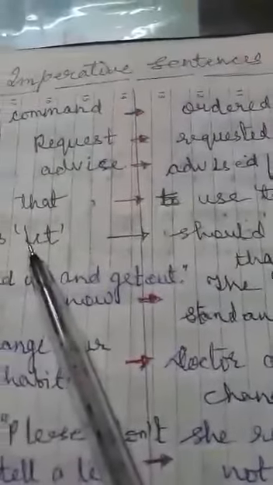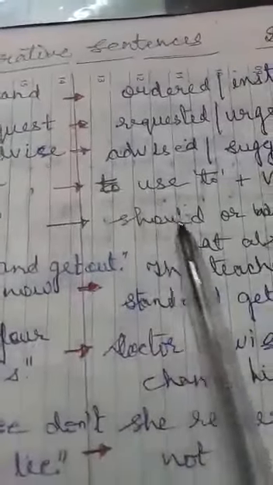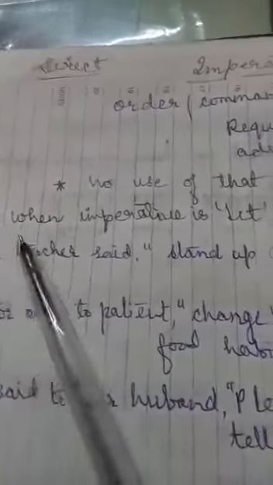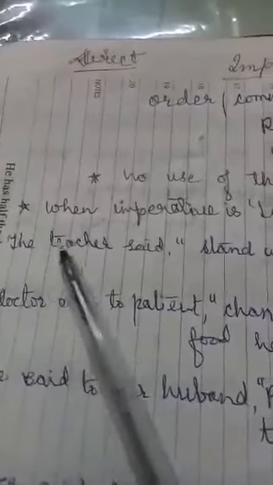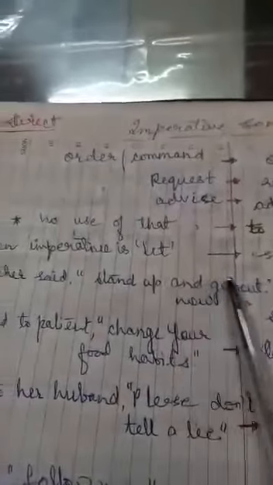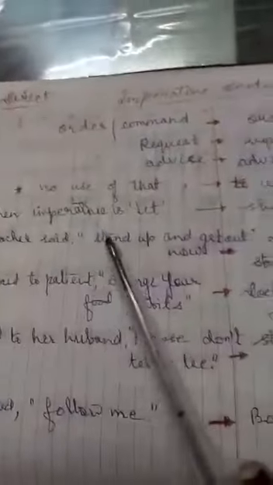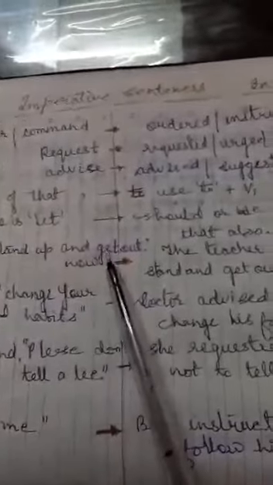So if it starts with let, sometimes you can use should or sometimes you can use that. Okay. Now see the example. When the imperative, the teacher said, stand up and get out now.